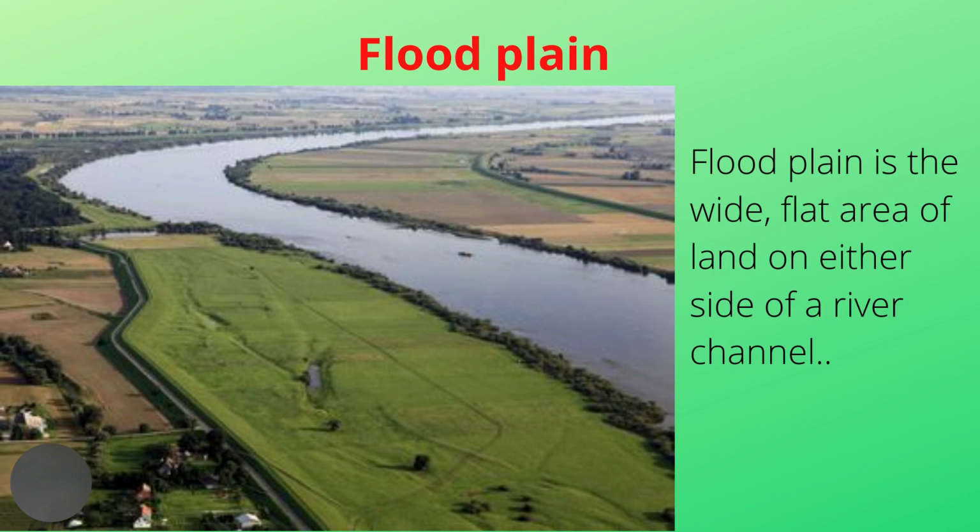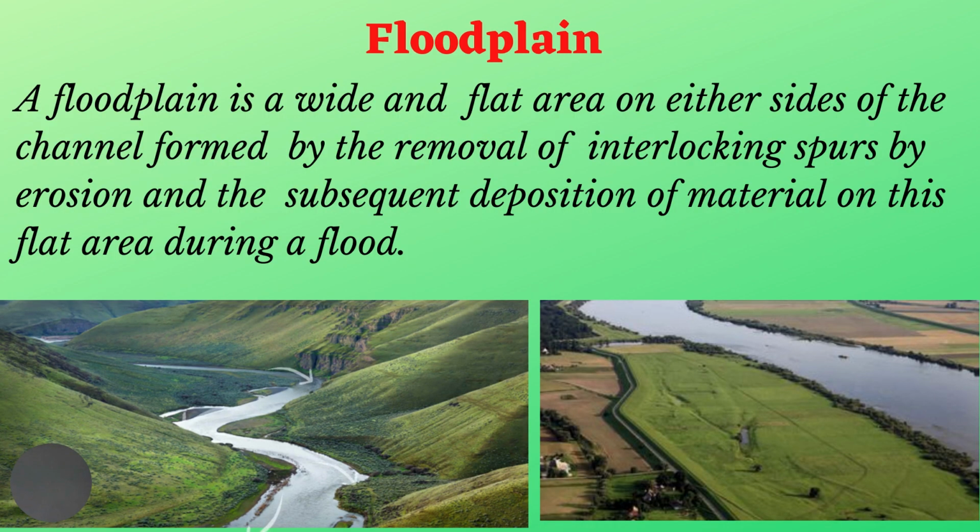Another feature of the middle as well as the lower course are floodplains. A floodplain is a wide, flat area of land on either side of a river channel. Floodplains are formed both from erosion as well as deposition.